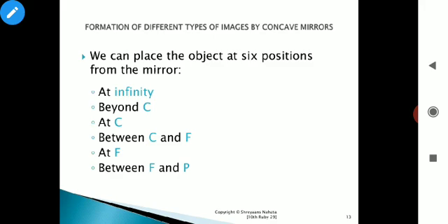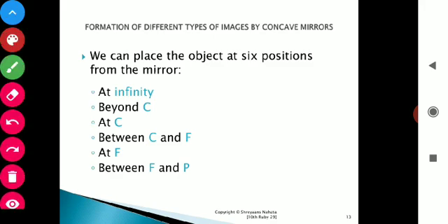In the last video, we discussed how to form the image with the help of a concave mirror. In that, we discussed the first two cases: in the first case, we placed the object at infinity, in which we see the parallel lines, and in the second case, we placed the object in front of the concave mirror, but beyond the center of curvature.